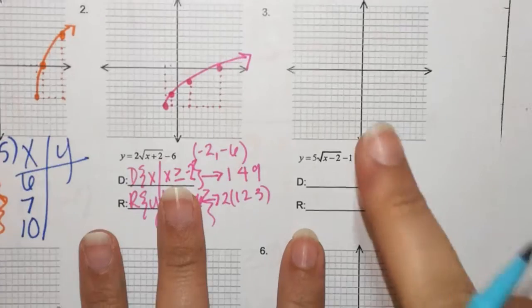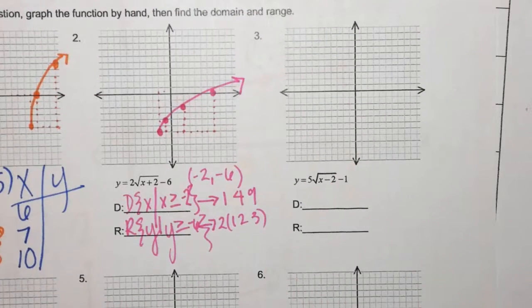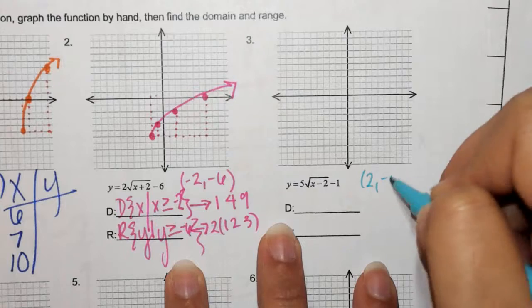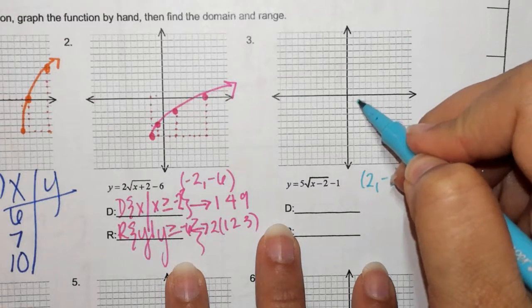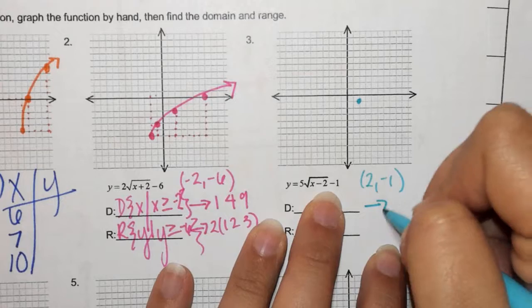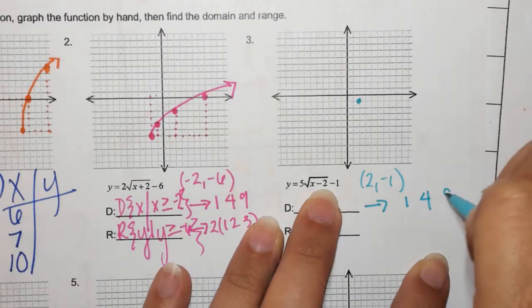All right. Now, who besides Miriam, Nathan, and Allah can tell me what the vertex is of number 3? 2, negative 1. Awesome. So you go right 2, down 1. Now remember, we go right our perfect squares. We're going to go right 1, 4, and 9 if we can.